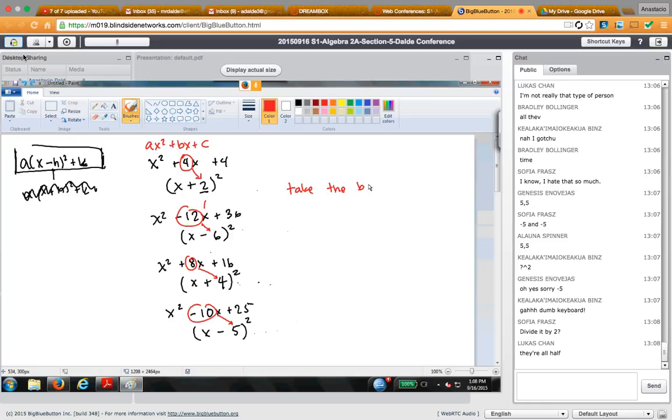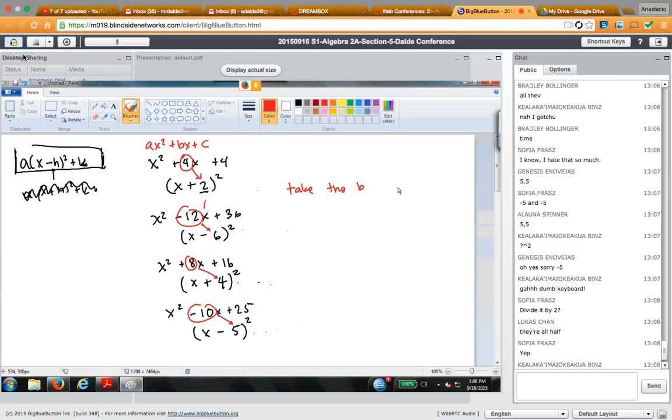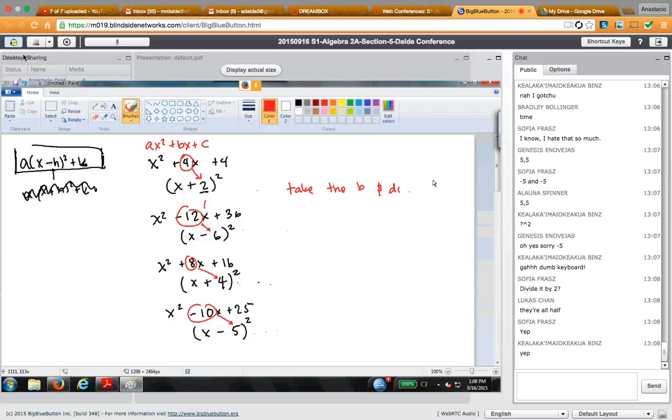So take the b and divide by 2. Now what I want to do is figure out a path. I want to figure out how do I get from here to there. Do you guys see the way to do that?